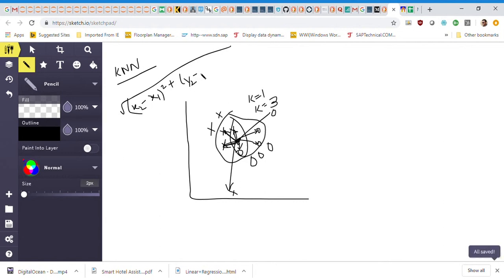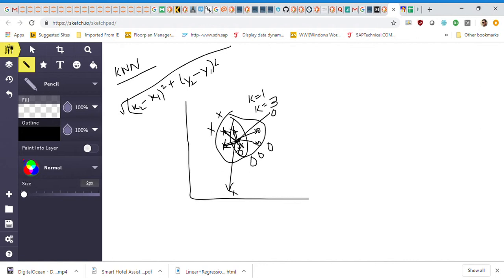This is the general formula of the distance. So whichever distance is nearest to it, with the value of k which we will be providing as a hyperparameter, on that basis it will get classified.